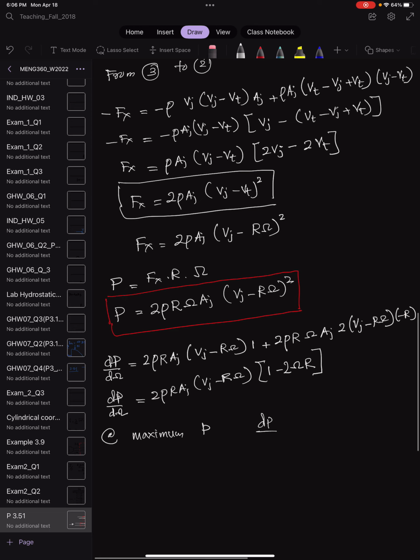dp over d omega goes to 0, so we can write everything goes to 0. Let me see, rho r aj vj, just to make sure everything is correct.